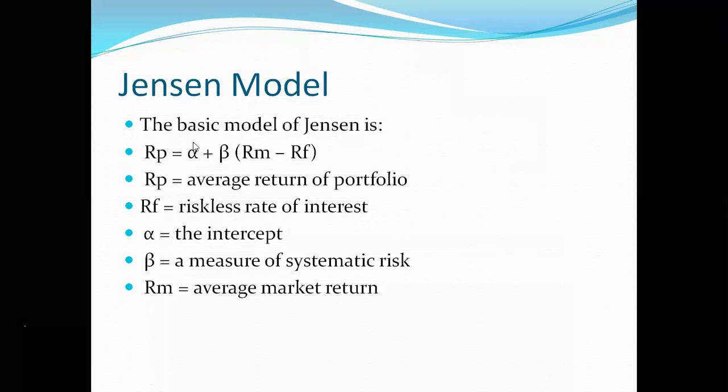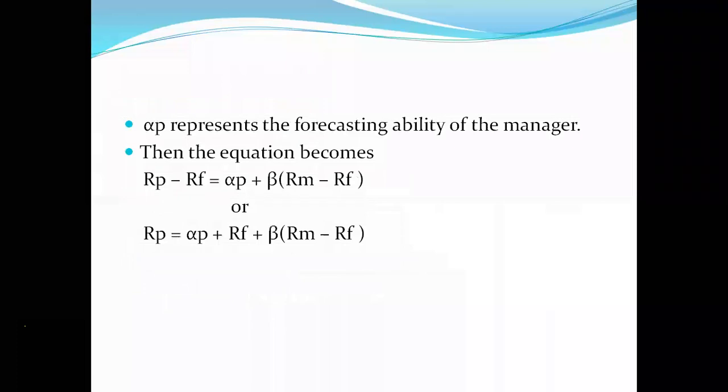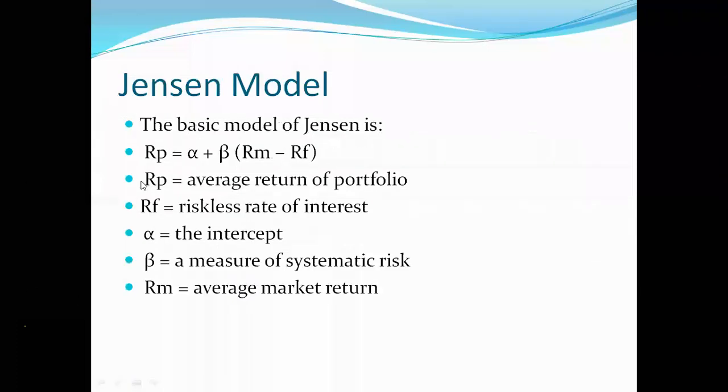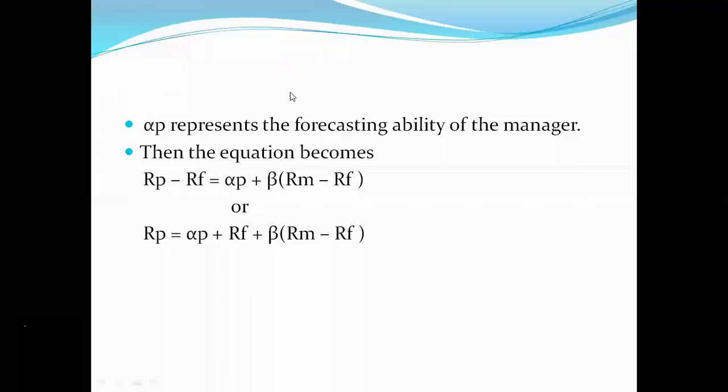Here the basic model is expected return equals alpha plus beta into RM minus RF, wherein RP is the average return of the portfolio, RF is the riskless rate of interest, alpha is the intercept that we will see in the problem, beta is a measure of systematic risk, and RM is the average market return. When we say this intercept in case of alpha, it represents the forecasting ability of the manager, and this forecasting ability is compared with the benchmark which is set by the portfolio managers.